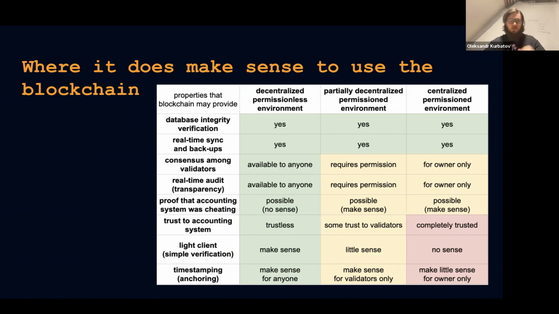The second one, consensus among validators. In a decentralized permissionless environment, it is available to anyone. So in the Ethereum network, on Monero, Bitcoin, you can be a validator and you can have any role you want. In a permissioned environment, participating in the validation process requires permissions from some authority.